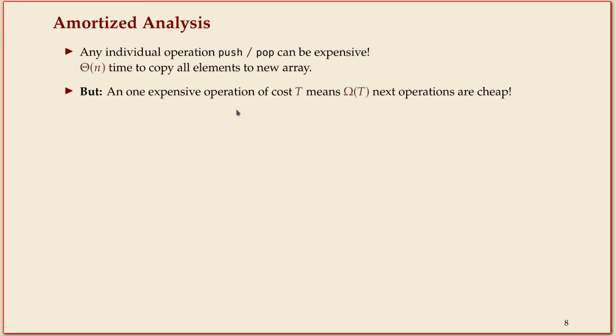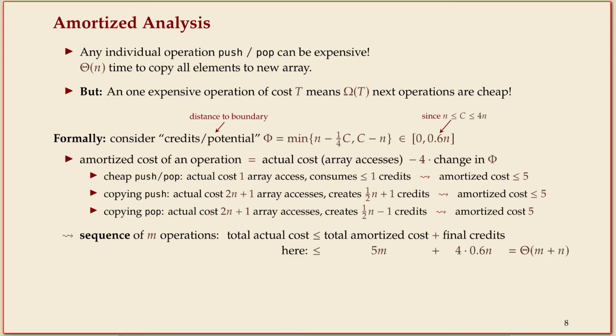This is waving our hands, and the intuition behind this is that maybe on average the operations are cheap, but let's try to be a bit more precise and quantitative about this. That's what people call amortized analysis. This might look a tiny bit scary, but we'll go through this at a slower pace.